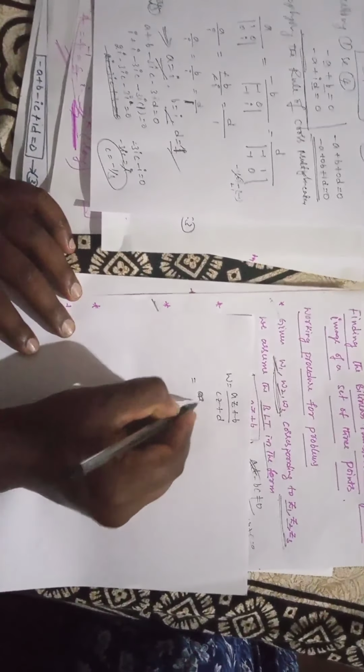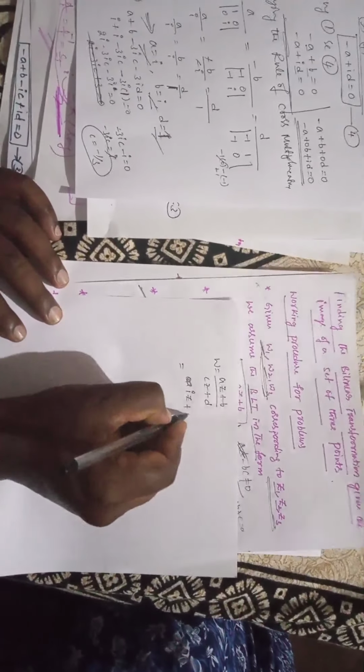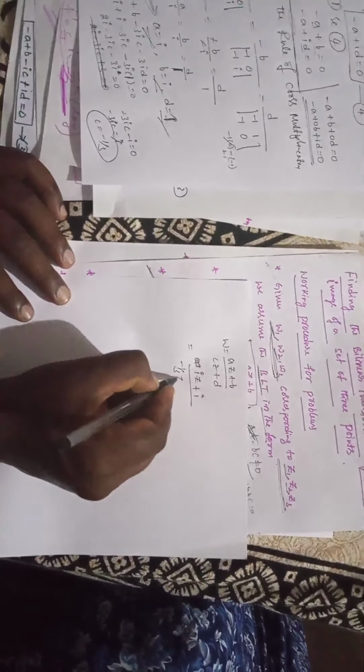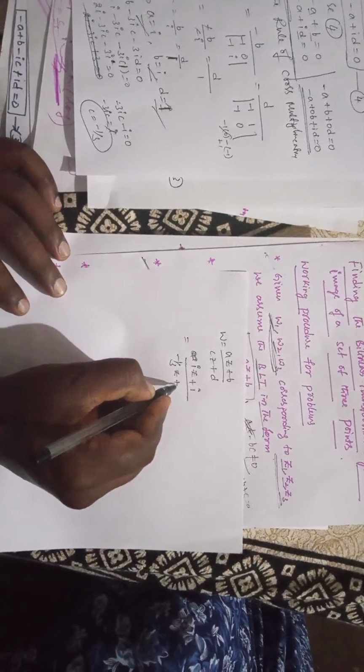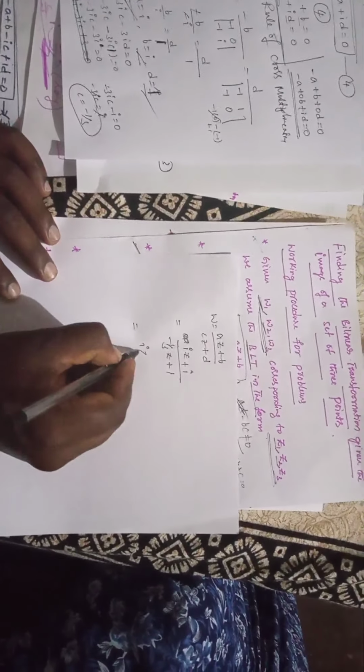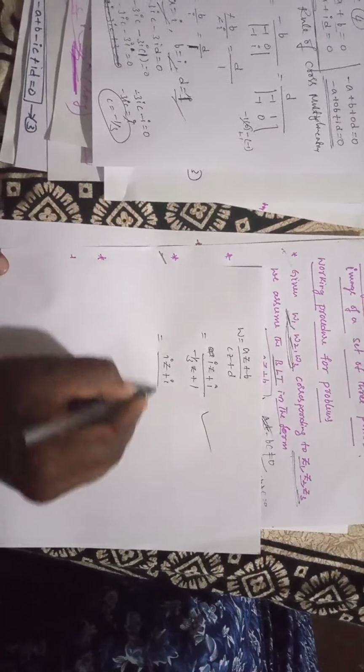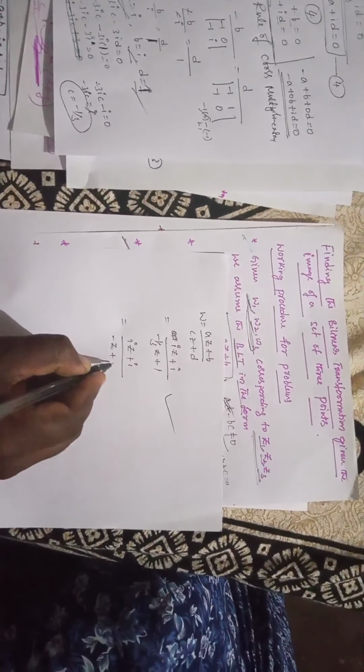So a is I, b is also I, divided by c is minus 1 by 3, z plus d is 1. So simplify this, or we can stop here also. If we simplify, it is minus z plus 3 divided by 3.